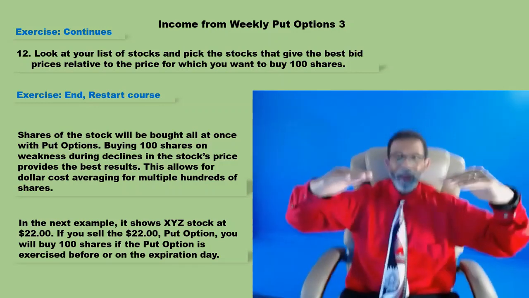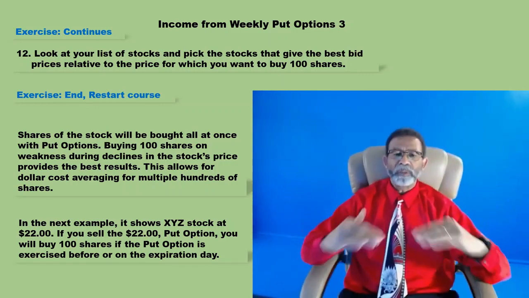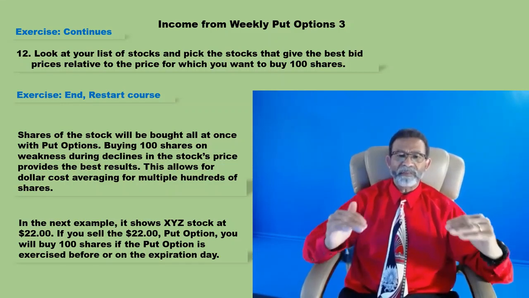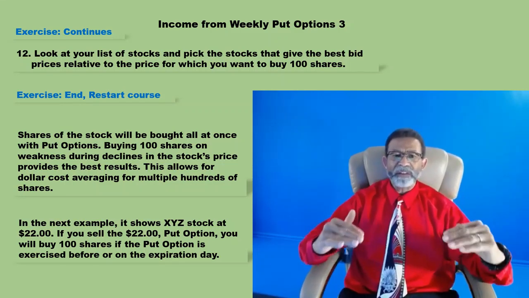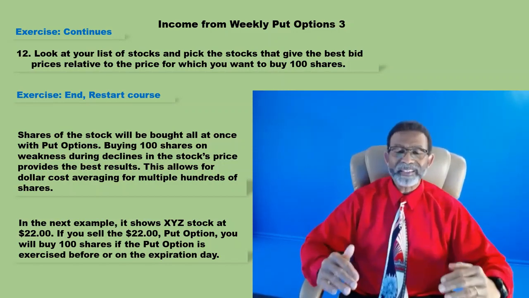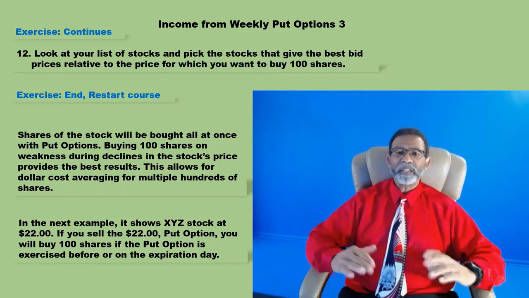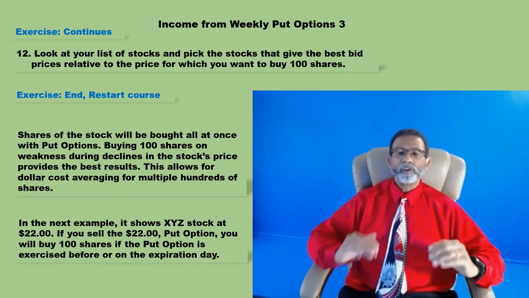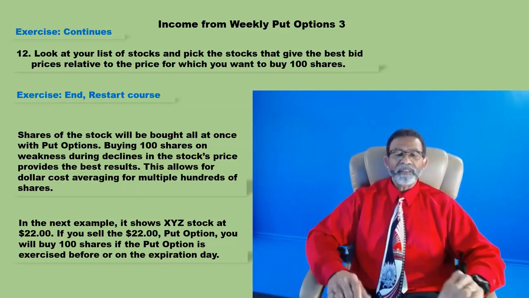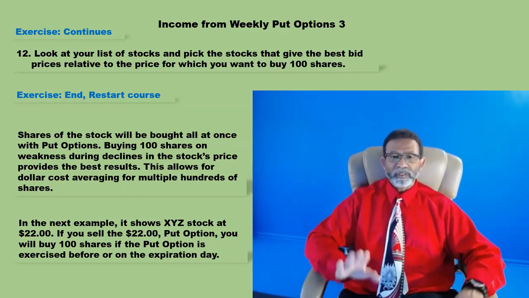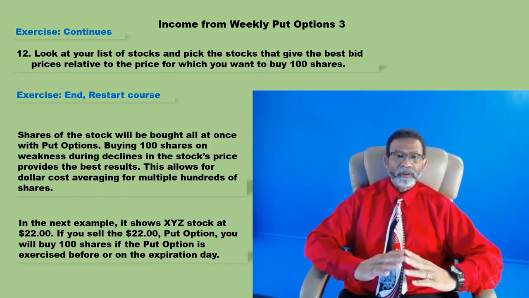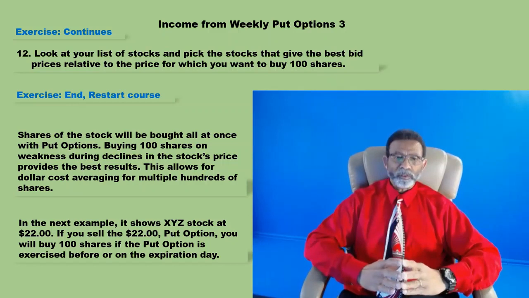So if the strike price is at a level below the current price and the bid price is of value, and that's enough value worth selling that put option, then that is the particular put option you want to sell. So now we're getting to the end of the exercise. So take a look at that statement and analyze that and restart the course.